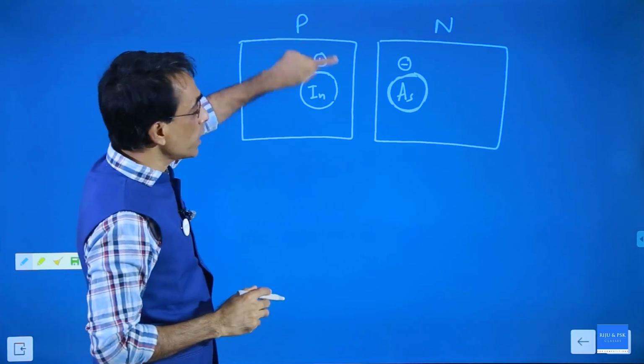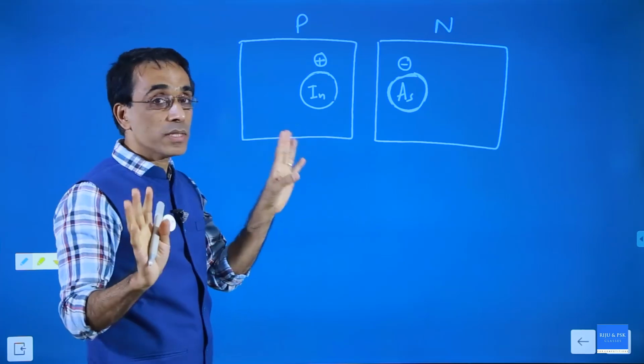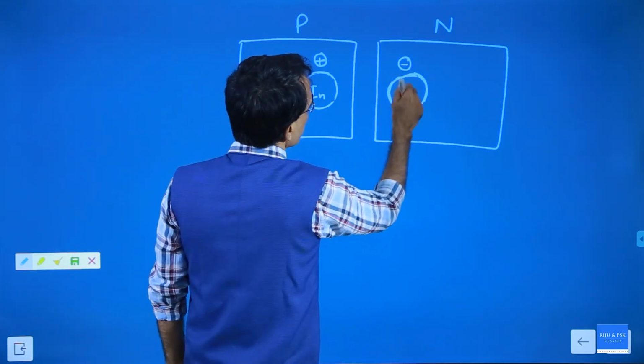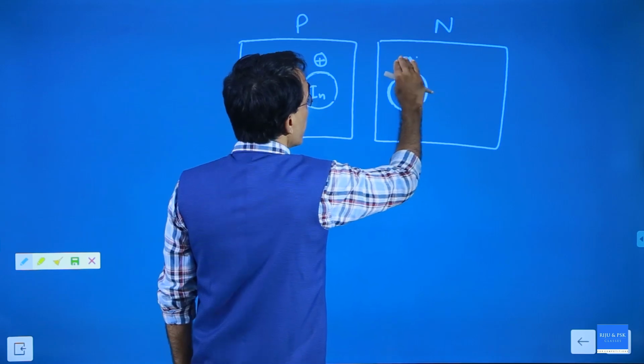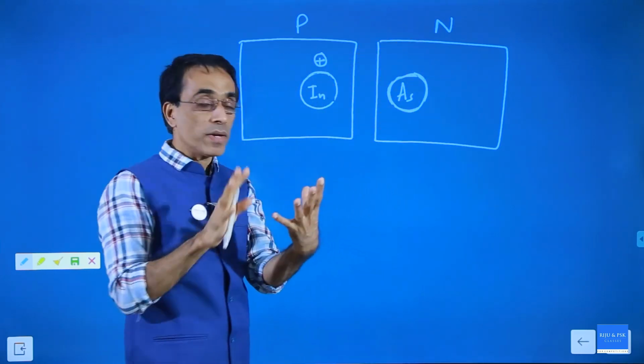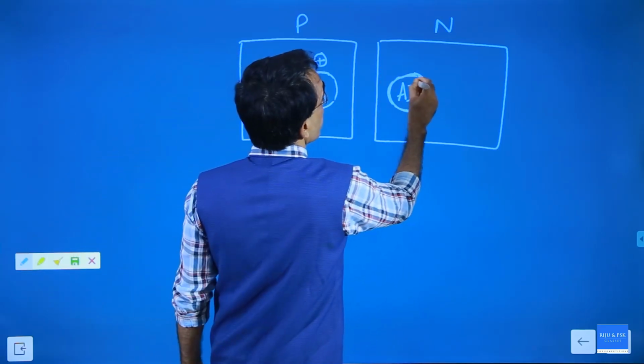There is a vacancy of electron not for the covalent bond, but in the valence band it has got 3 electrons. But what will happen if this arsenic atom loses this 5th electron? You are removing 1 electron from the outermost shell of arsenic atom. There are 5 electrons, you are taking the 5th electron. What will happen? Arsenic atom will become a positive ion.